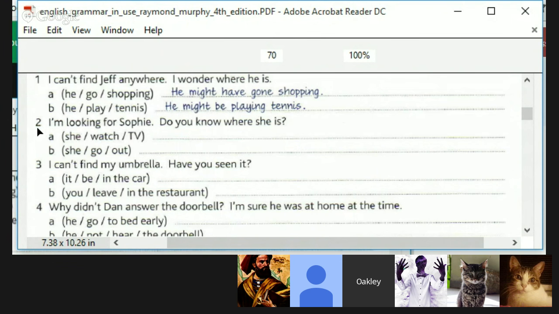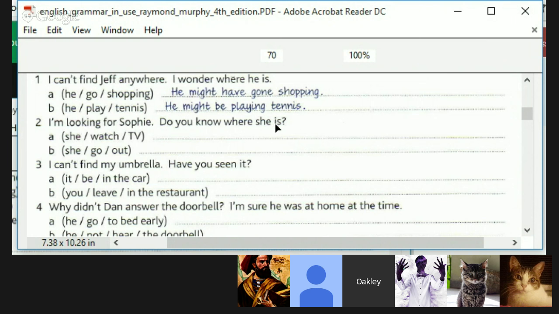Number 2, Raina. I'm looking for Sophie. Do you know where she is? Okay. Where is she right now? I am looking for Sophie. I'm using present continuous, so that means right now.